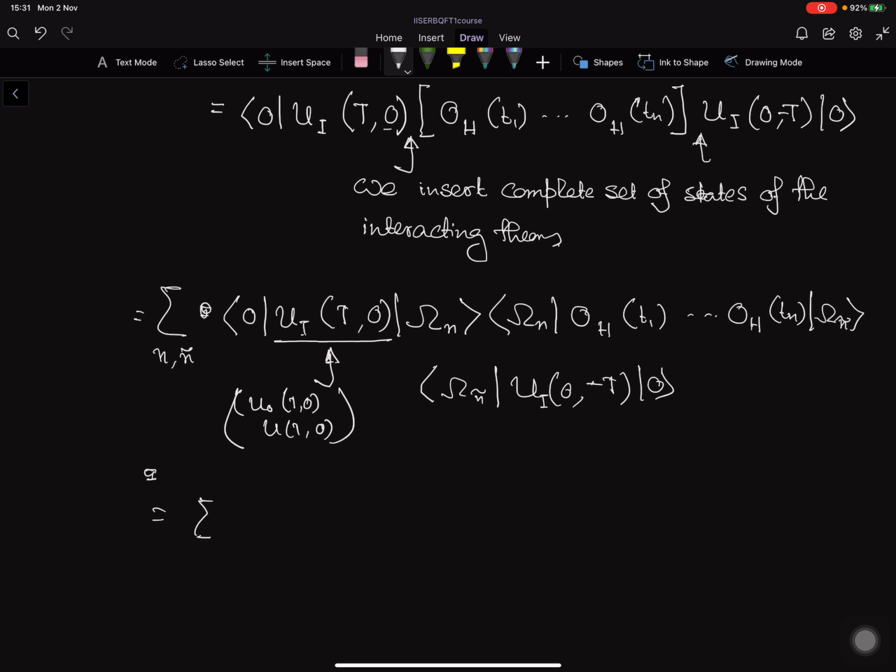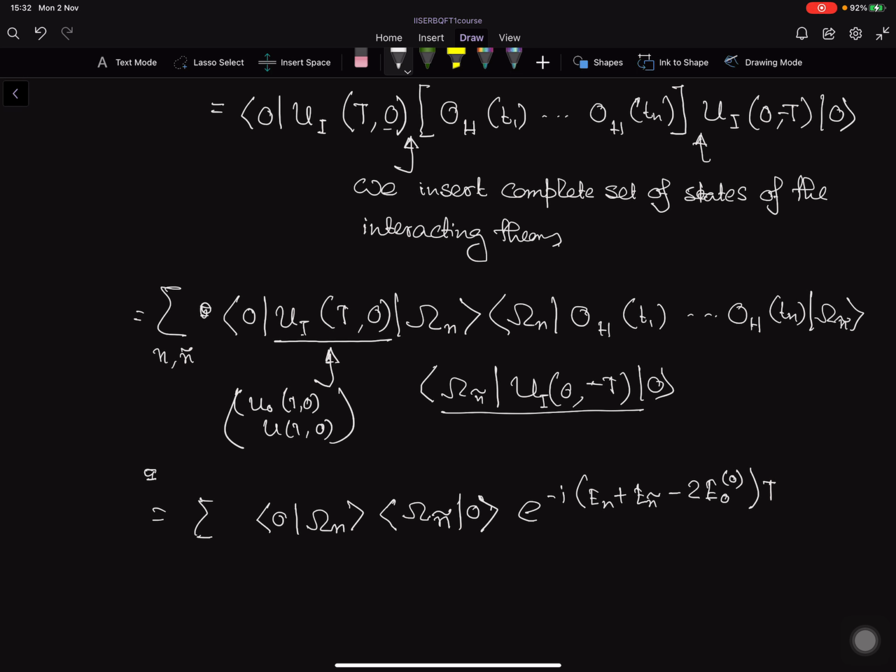This expression simply becomes a sum over omega_n and also omega_n tilde 0, coming from here, times exponential of minus i (E_n plus E_n tilde minus 2E_0^0) times t, and then sigma_n O_{T1}...O_{Tn} sigma_n tilde.